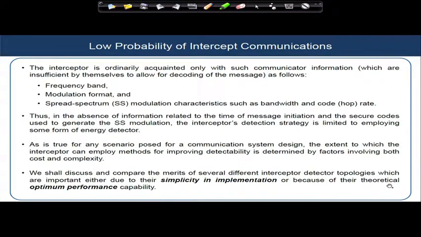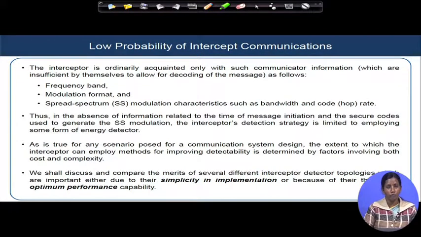So, to sum up, interceptors ordinarily try to acquire some communication information.